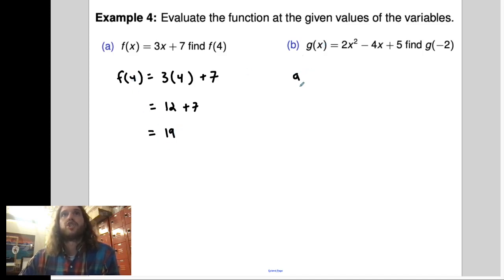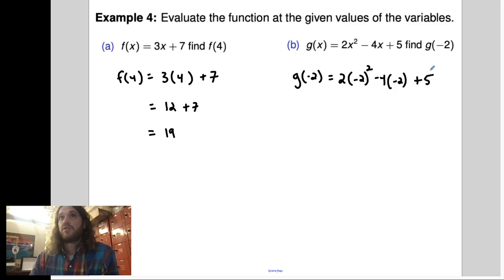All right, let's take a look at g of -2. Plugging that in. That's 2 times (-2) squared, minus 4 times (-2), plus 5.